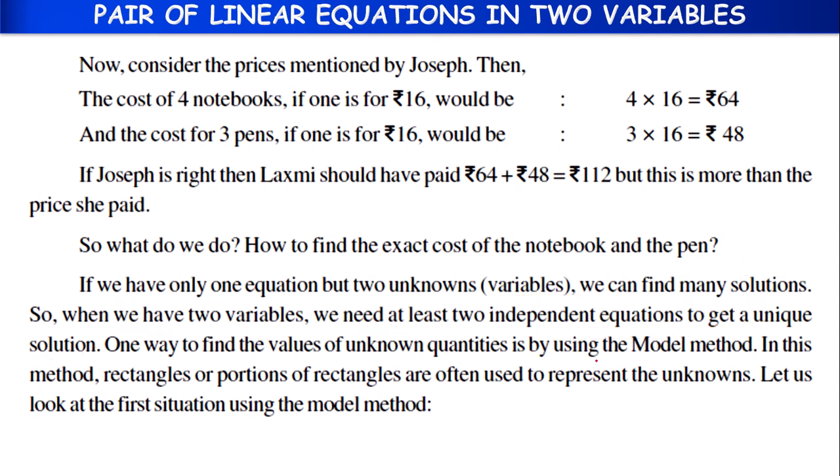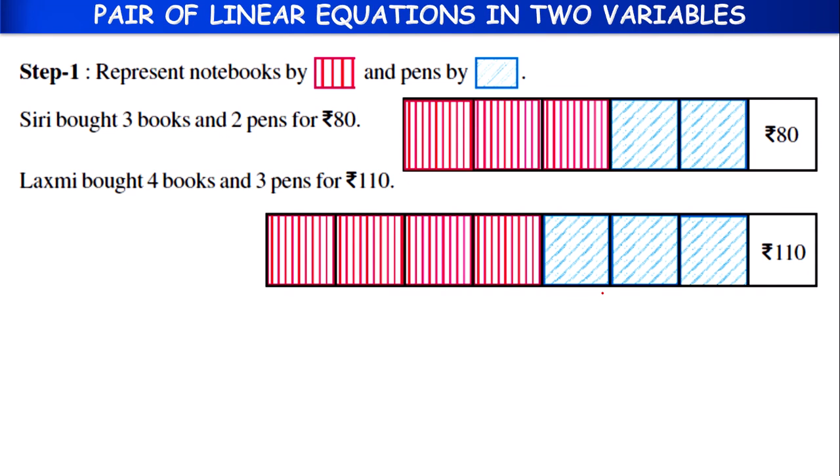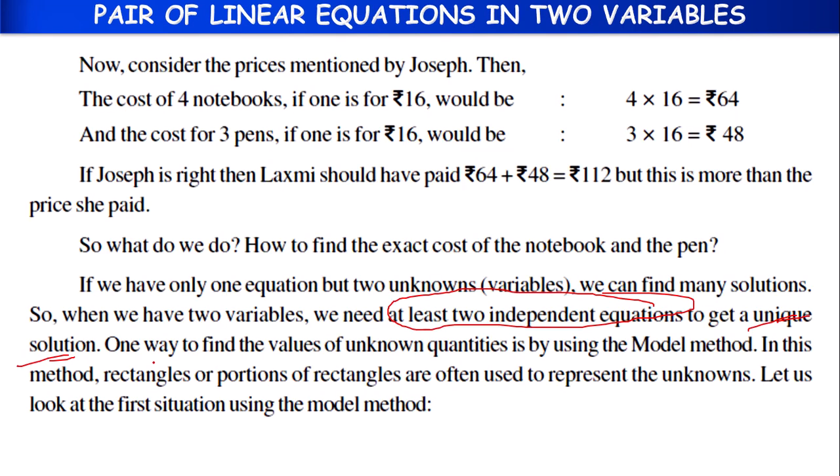One way to find the values of unknown quantities is by using the model method. Now we will apply the model method to Siri's situation and Lakshmi's situation, and we will find the unique solution.